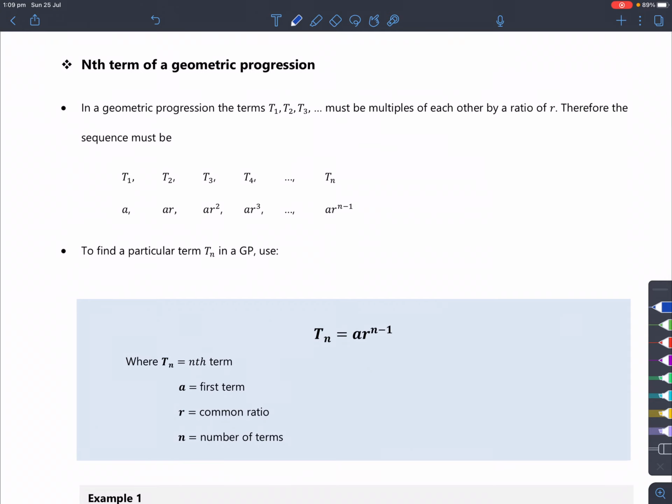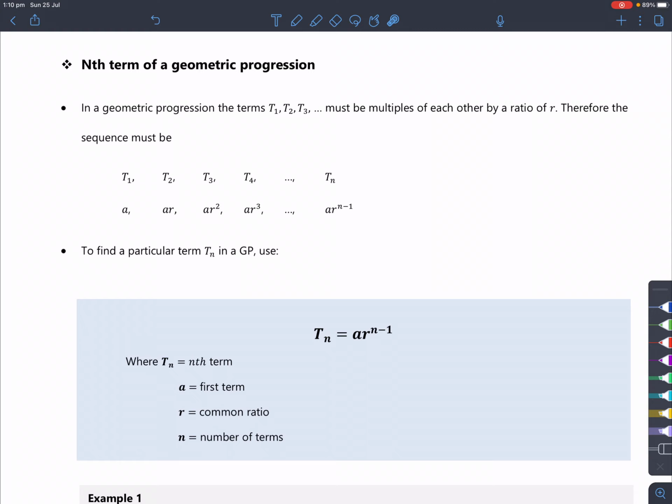Right, moving on. The nth term of a geometric progression. In a geometric progression, the terms t1, t2, t3 have to be multiples of each other by a ratio of r. So when we start with term 1, we usually denote the first term as a, and to get from the first term to the second term, all we have to do is multiply by r every single time until we get to the end.